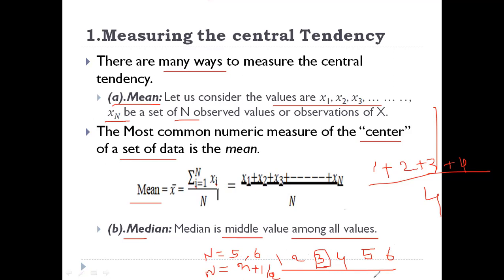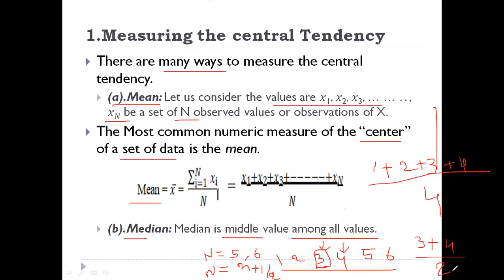You can first sort all the values, then take the two middle values, the two center values of the given data, and add these two: 3 plus 4 by 2. Like this, you can calculate the center point.